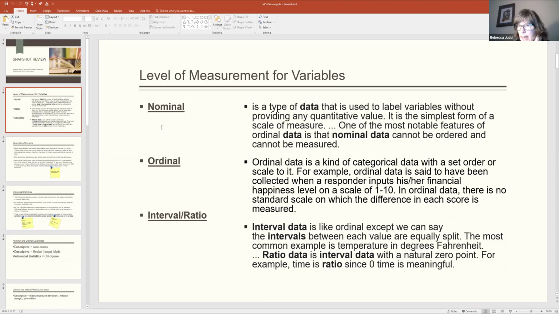The ordinal level data, the most common example of this is the Likert scale. We always do strongly disagree to strongly agree, something along those lines, to get that 1 to 5 or 1 to 7. When we're doing statistical analysis, ordinal level data has gray areas.